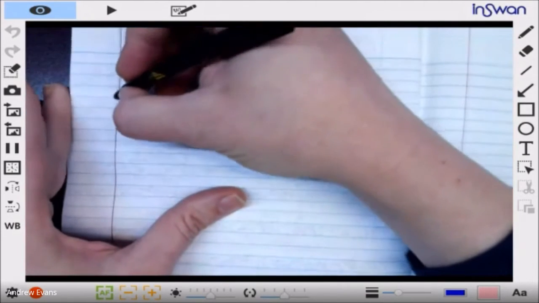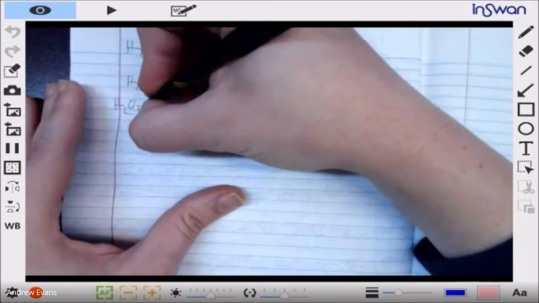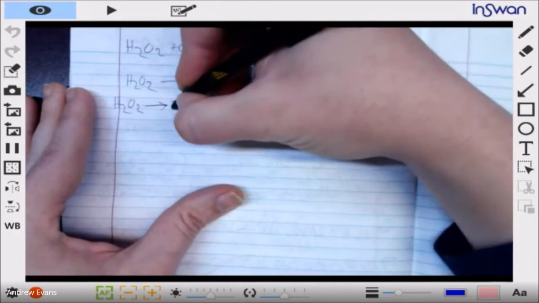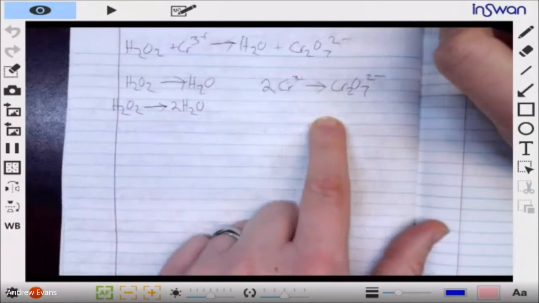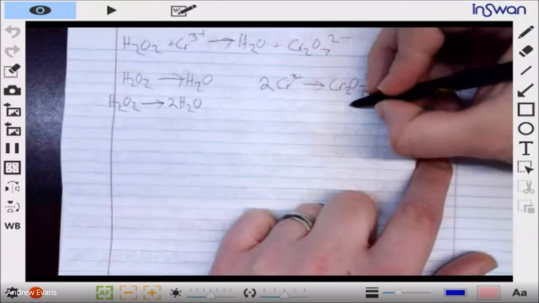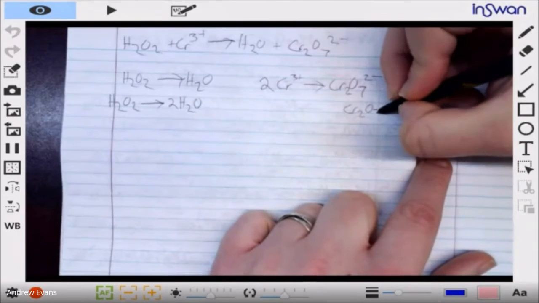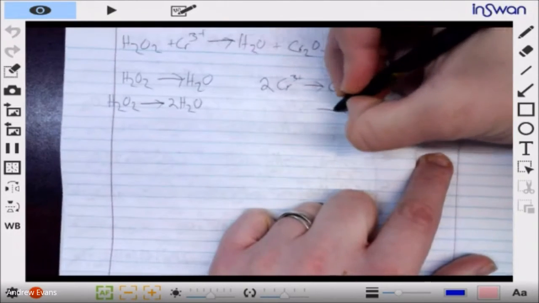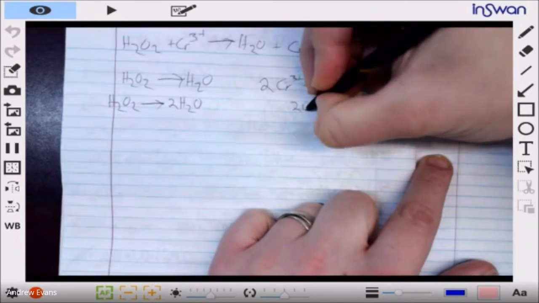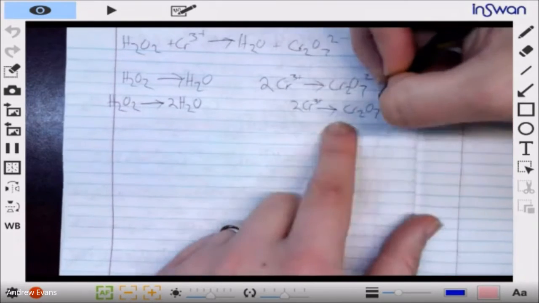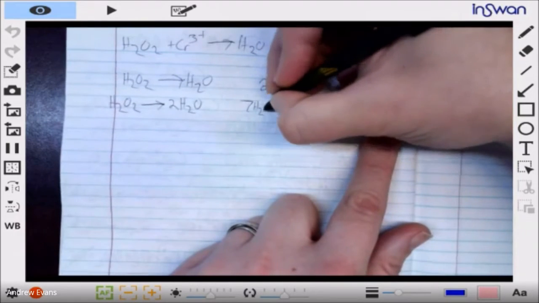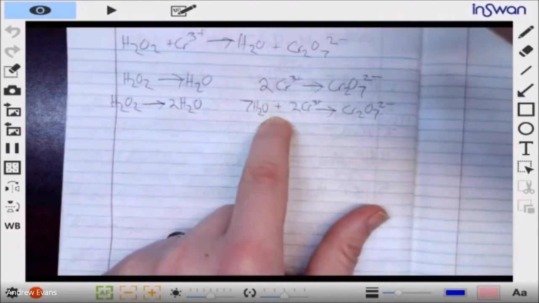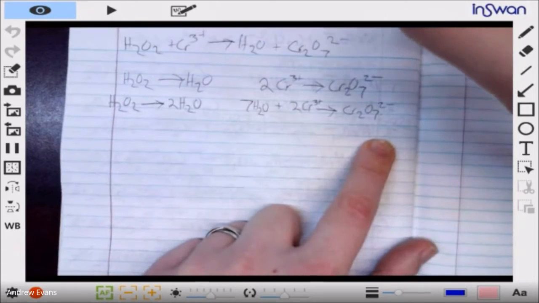Now this guy goes H2O2, so I'm going to balance that with 2 waters. 2 oxygens on the left, 2 oxygens on the right. Now this guy, we have to balance it on both sides. So we have 2 chromiums, but there's 7 oxygens, so I'm going to add 7 waters here. So 7 oxygens, 7 oxygens.